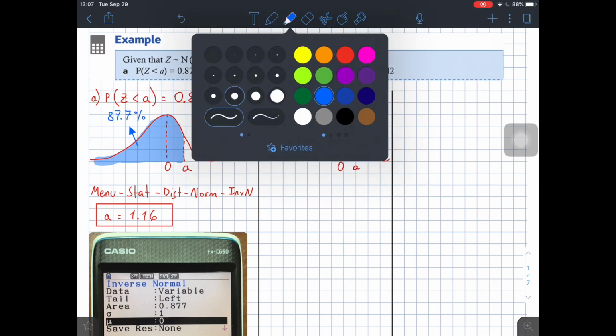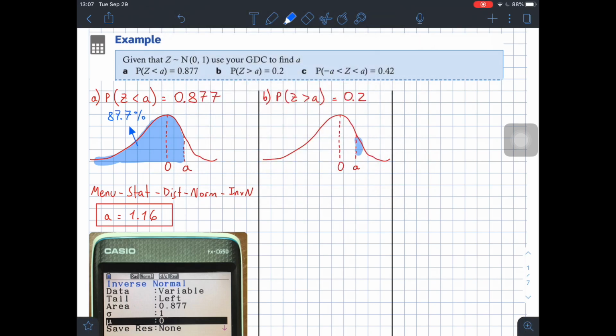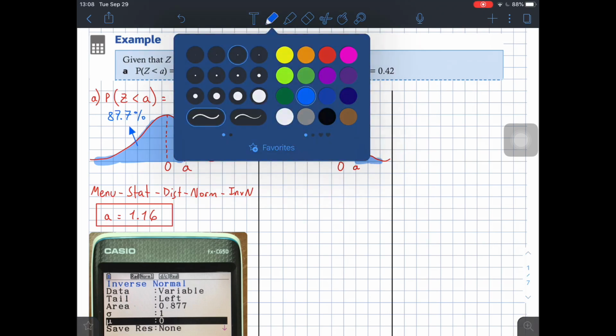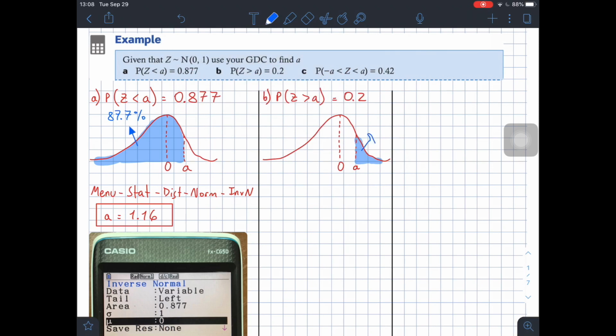Because we're saying that we're looking for this value A for which all the values above are producing a probability of 20%. So that shaded region over there is the one that in this case must be equal to 20%. Okay, that's what we interpret when we read this symbology over here.